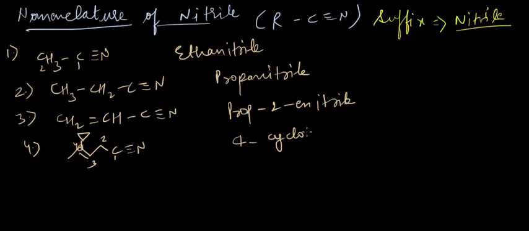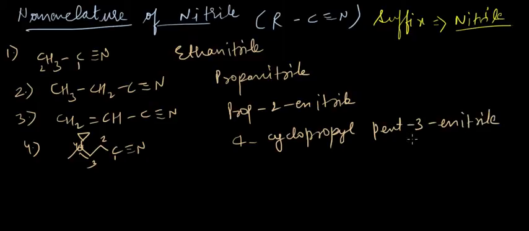The 4-cyclopropyl pent 3 en nitrile. I suppose you don't have any problem in deriving pent 3 nitrile. We have done enough problems on getting ready with the nomenclature.